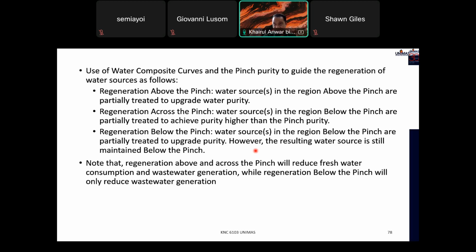So by doing that, we can only reduce the amount of wastewater. That's the point. The freshwater consumption will be the same if you regenerate the water below the pinch.